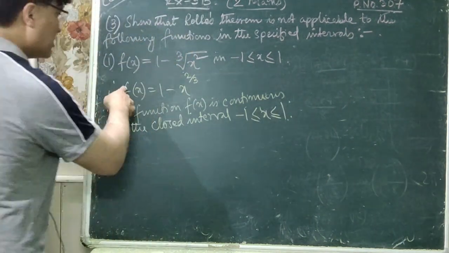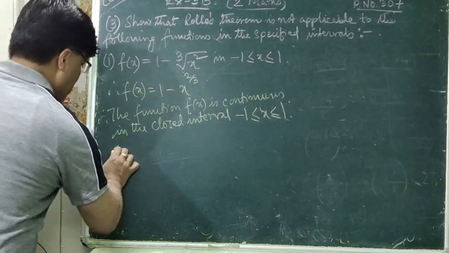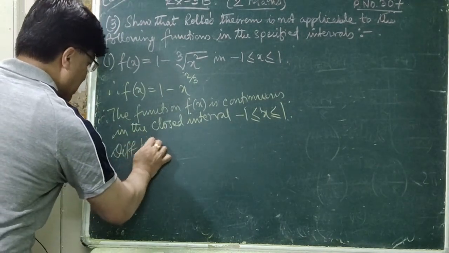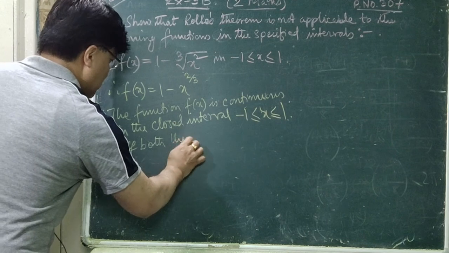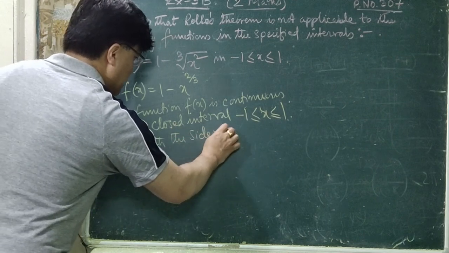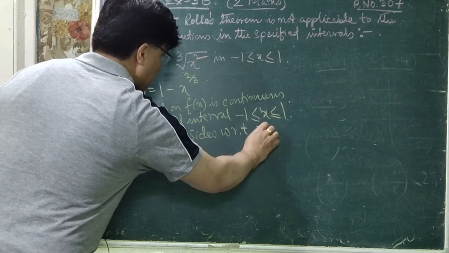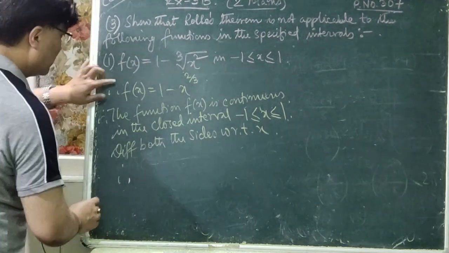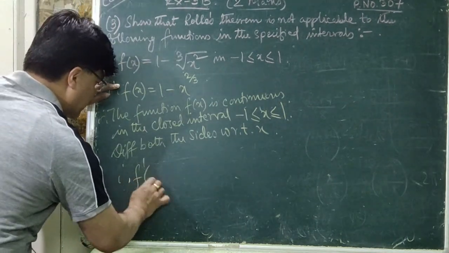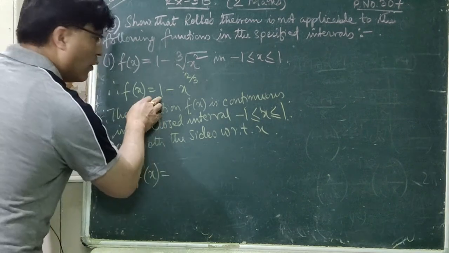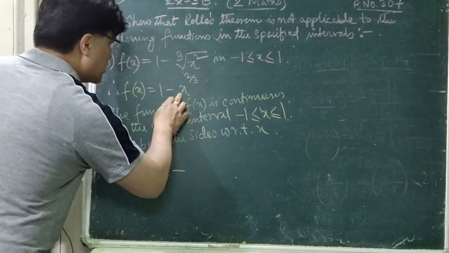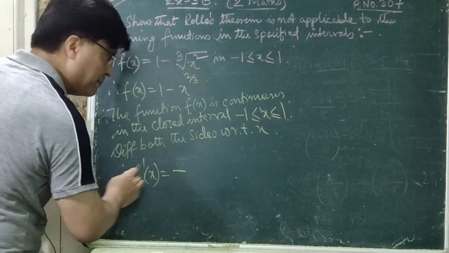Okay, now let us differentiate it. So differentiating both the sides with respect to x, therefore f of x becomes f dash of x, which is equal to, for 1 it is 0. What is the differentiation of x to the 2/3? Minus remains the same.